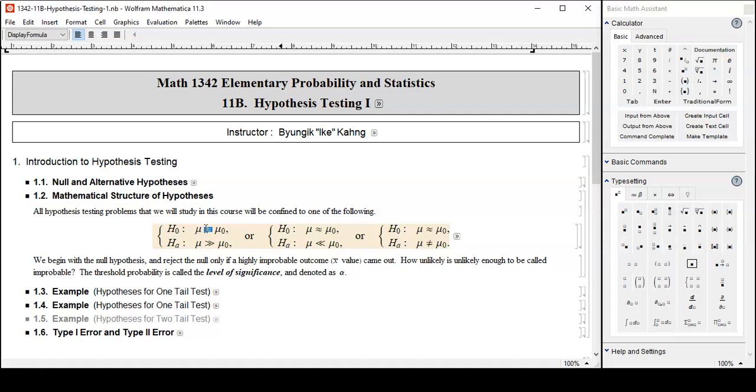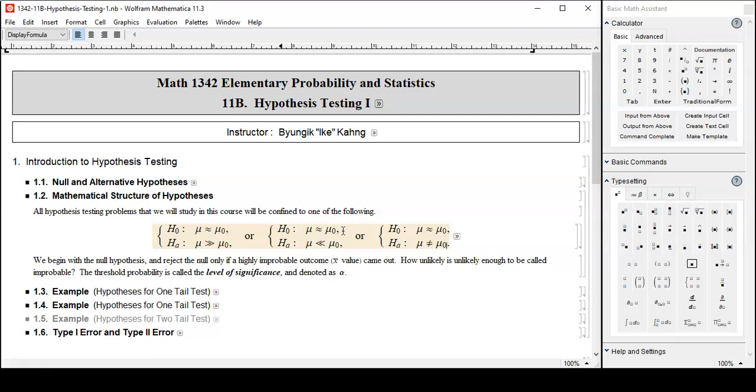We are doing this testing because basically we don't know. And then the alternative: no, significantly greater. Not just greater, but significantly greater. So I'm using the double inequality sign. But even if you use just equality and just single inequality, nobody will take off any point. But there's no question it's better if you do it this way. And same goes for the other way.